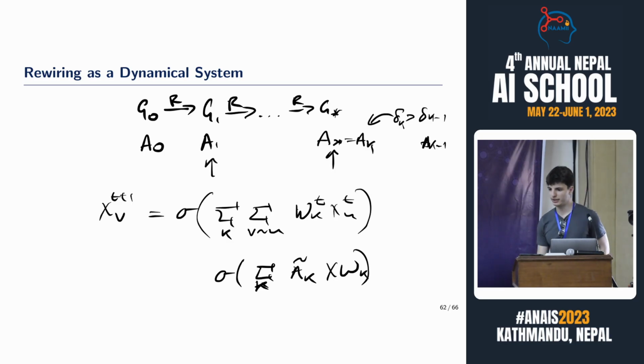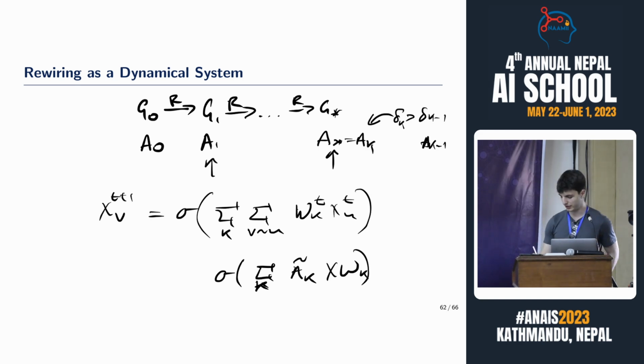And now what you can do is, you can say that this is A0, the adjacency matrix of the original graph, this is the adjacency matrix A1 of G1, and this is A star, that's called AK. And now we can construct a graph neural network that operates over these adjacency matrices separately.